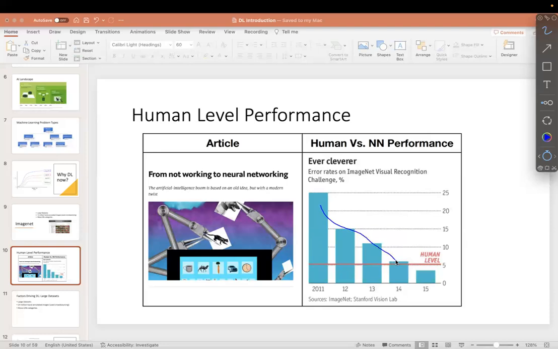And by 2015, the models performed better than the human-level performance index. What does that mean? How can we be better than human levels? You're asking a human to look at the image and say what object it is, and you're asking an algorithm, and the algorithm is doing it better than humans. What they did is, of course, for some of the images, they added a lot of noise, like a blur.